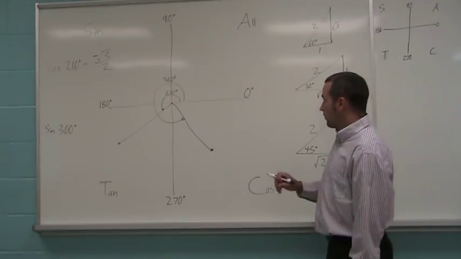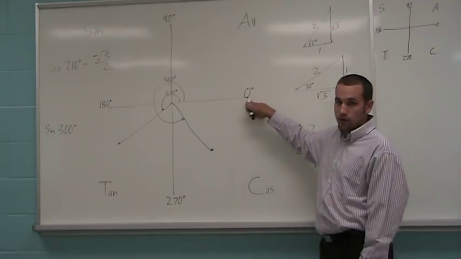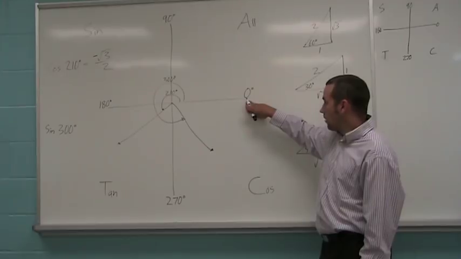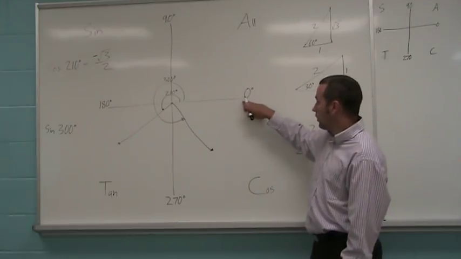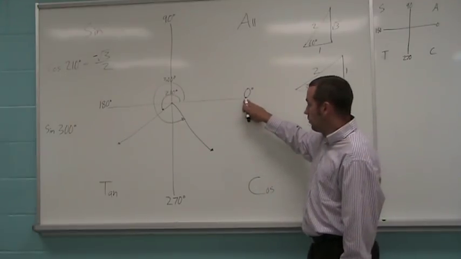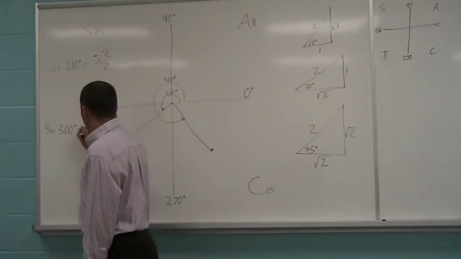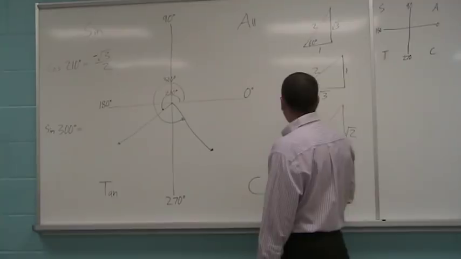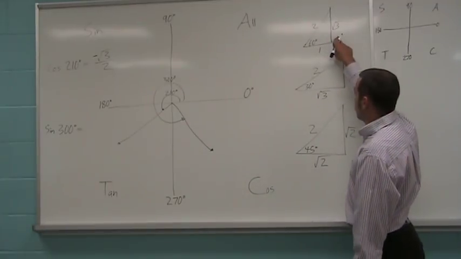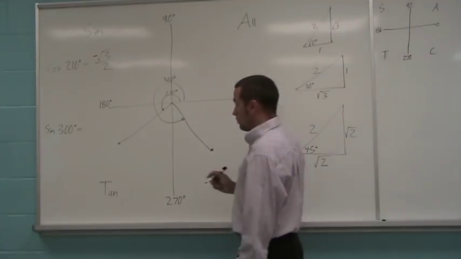And again, I'm going to reference it to the 0 degree line here. So how far is 300 degrees away from the 0? Well, it's 60 away. So really what I'm looking at is the sine of 60 degrees. So the sine of 60 degrees is square root 3 over 2.